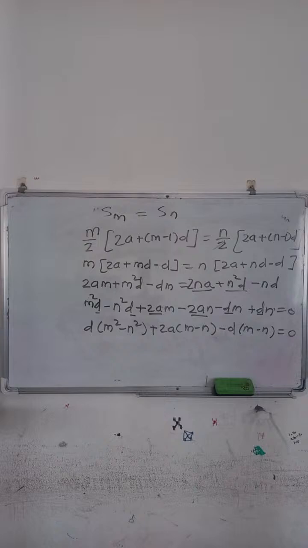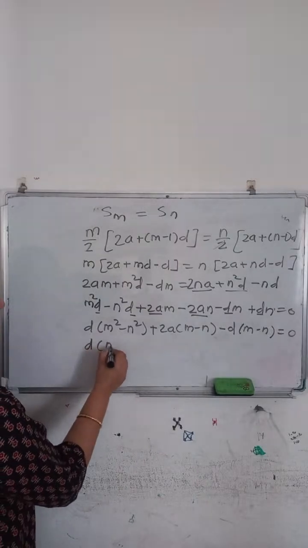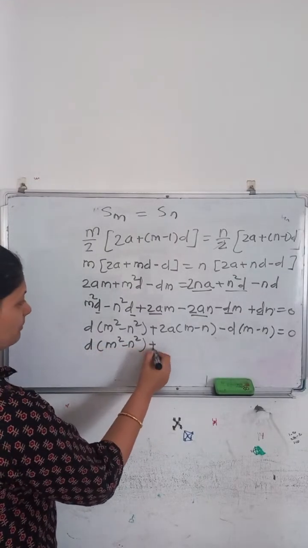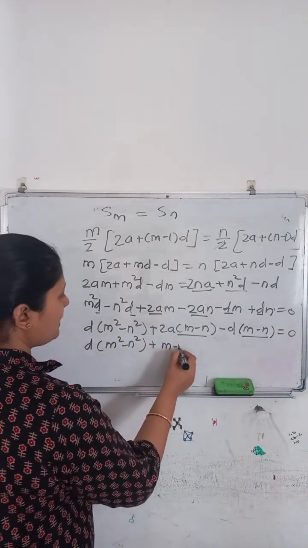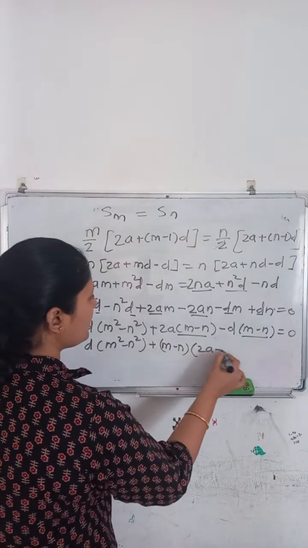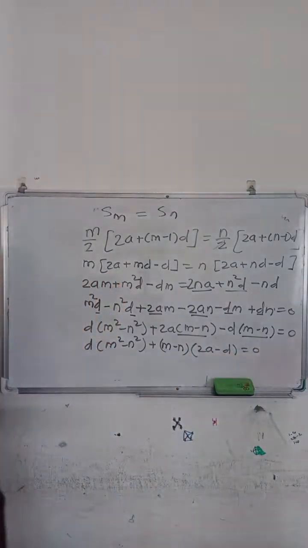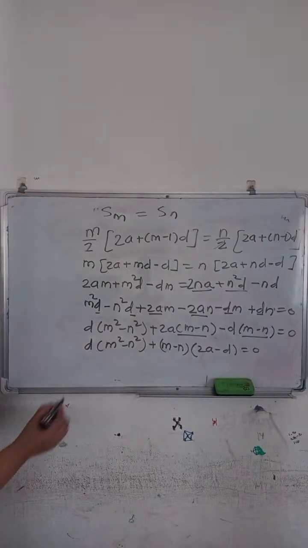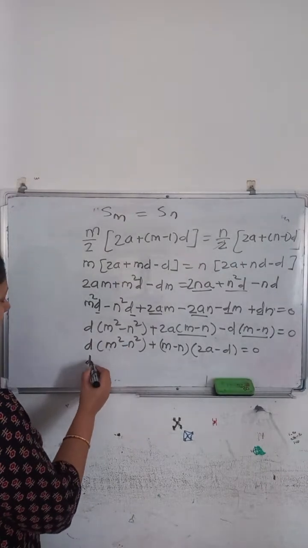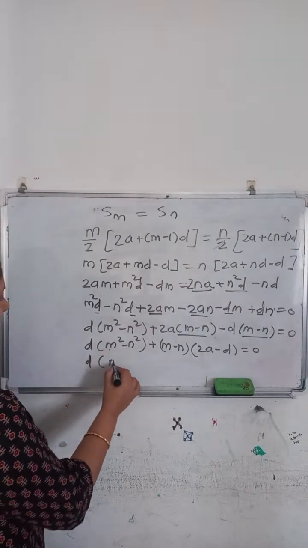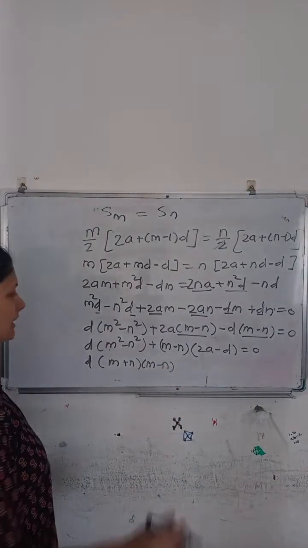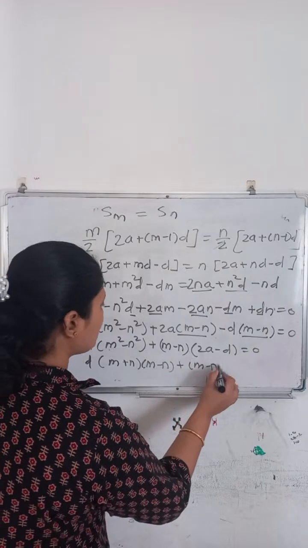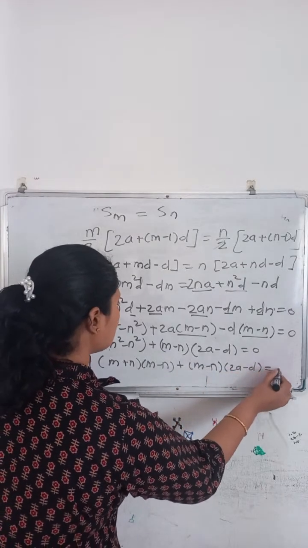So now here you can take d times m square minus n square plus, from these two terms m minus n is common, so m minus n inside this bracket 2a minus d is equal to 0. Now again this is m square minus n square, so d times m plus n, m minus n, we can use the identity over here, and here plus m minus n times 2a minus d is equal to 0.